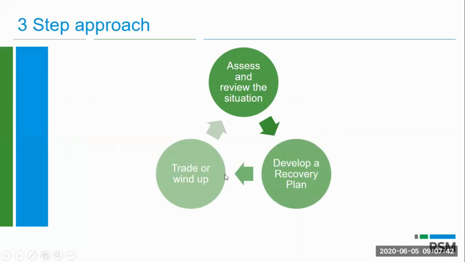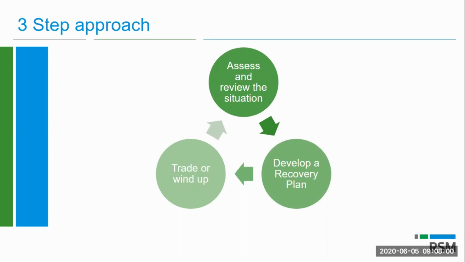So what is the three-step approach that we would suggest? Simply put, it's breaking it down. It's assess and review your situation. You can't plan for something that you don't know, you don't fully understand.